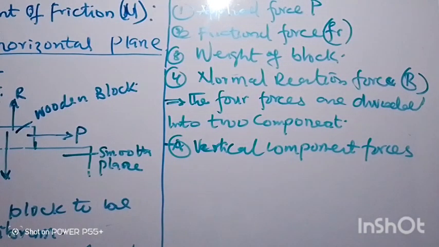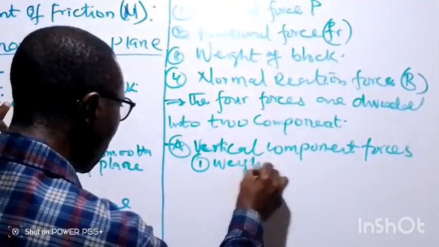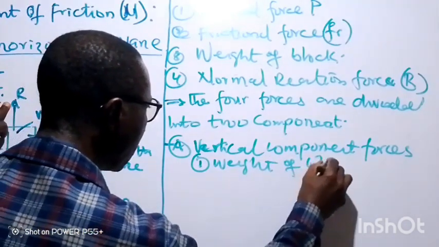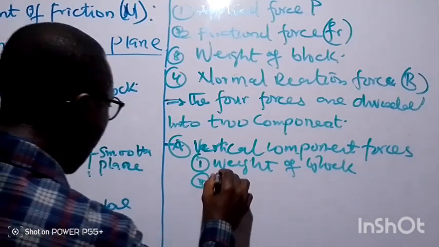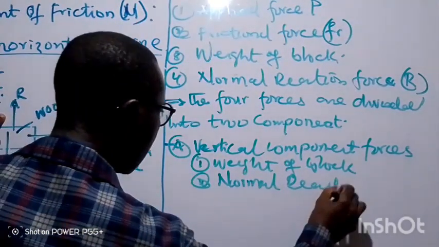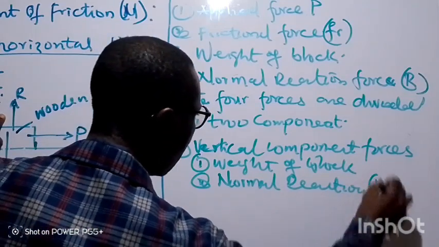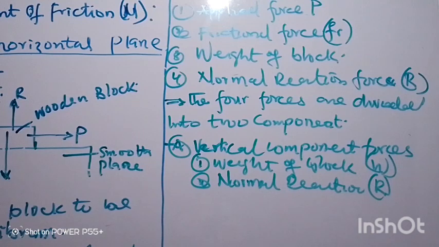According to what we have on the board, the forces that are vertical are 1, the weight of the body, which is the weight of the block, denoted by capital W. Then 2, the normal reaction R.